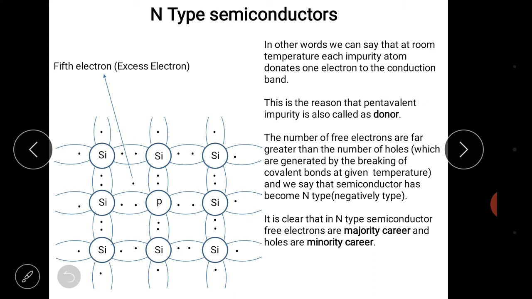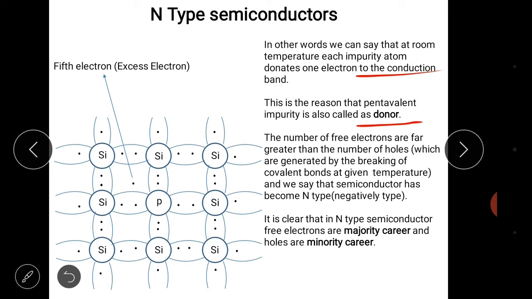In other words, at room temperature, each impurity atom donates 1 electron to the conduction band. This is the reason that pentavalent impurity is also called a donor.